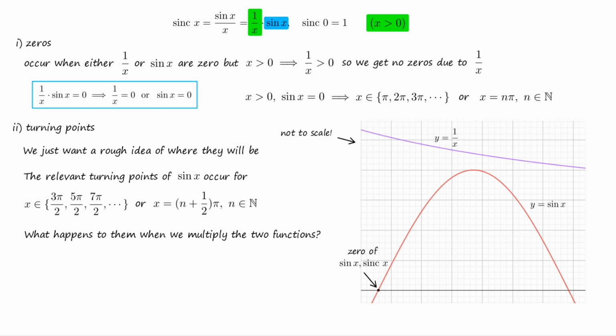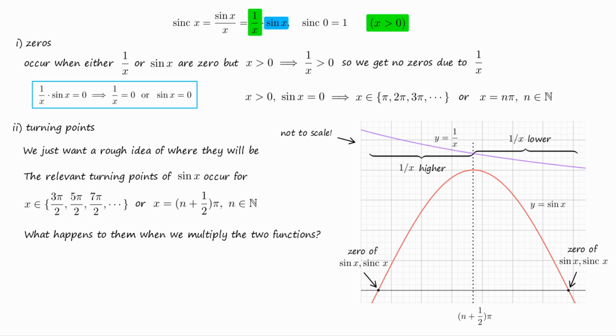This point on the left is a 0 of both sine x and sinc x, and so is this point on the right. And we should further note that sine x is symmetrical about its turning point, whereas 1 over x is not symmetrical about that turning point. And in fact, 1 over x is higher to the left side of the turning point and lower to the right side of the turning point.